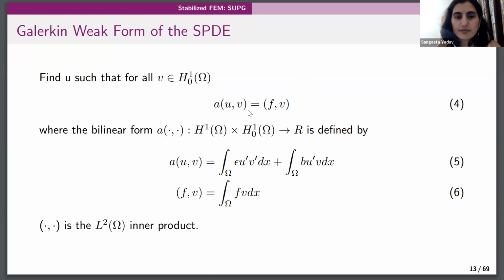In this bilinear form, a(u,v) is obtained when we take the equation, multiply it with a test function, and integrate it over the whole domain. Then the second order derivatives reduce to first order derivatives by applying integration by parts. So here we can see a(u,v) is epsilon u' v' plus b u' v', where b is the convection velocity, and (f,v) is the integral of f v dx on the domain omega.